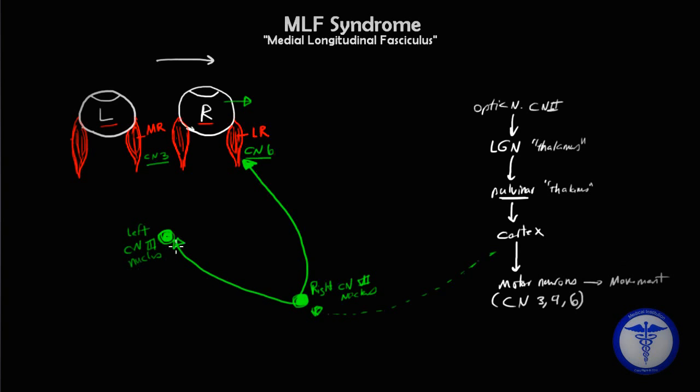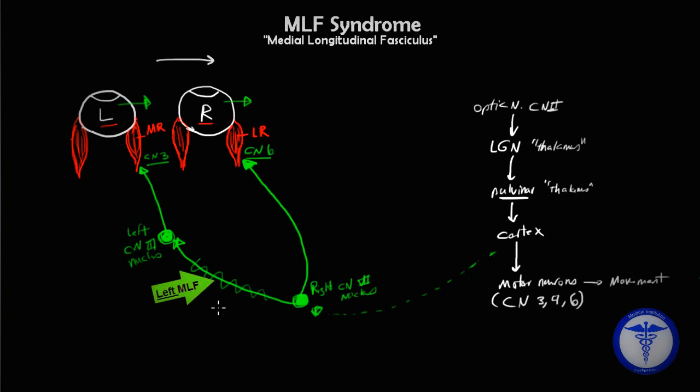Okay, and then this is how cranial nerve 3 becomes activated, and where it's going to end up causing contraction of the medial rectus of the left eye. So now both eyes are going to look to the right. So MLF, which stands for medial longitudinal fasciculus, is right here.